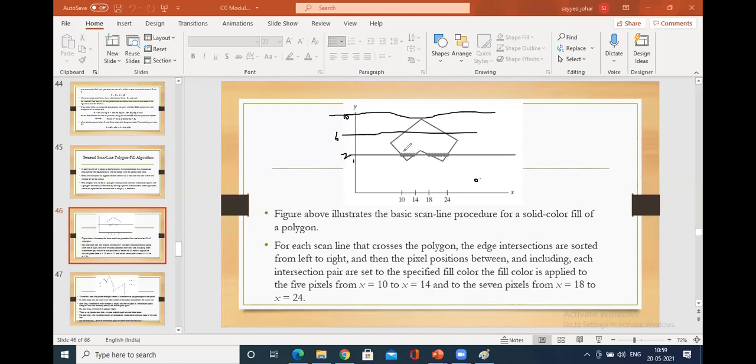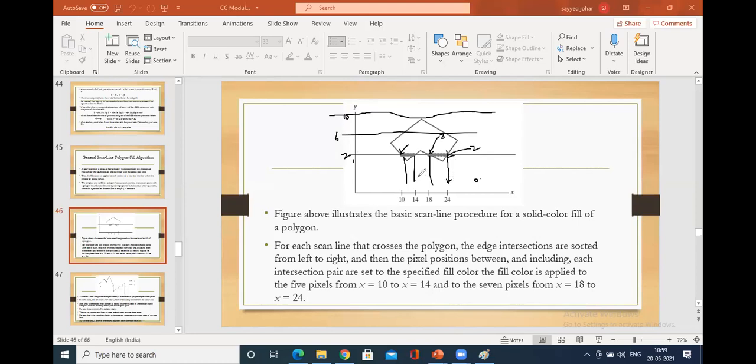For example, if I ask you what is the value of y at this pixel, imagine it is 2, it is 2 only. What is the value of y at this point? It is 2 only. Again, it is 2 only. Whereas if I ask you the value of x, it is 10. At this point it is 14, at this point 18, at this point 24.